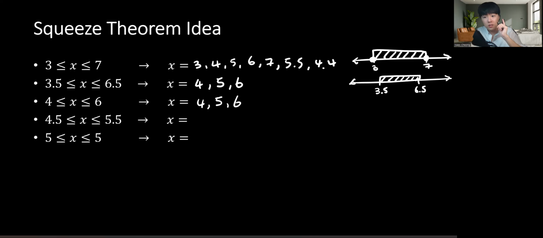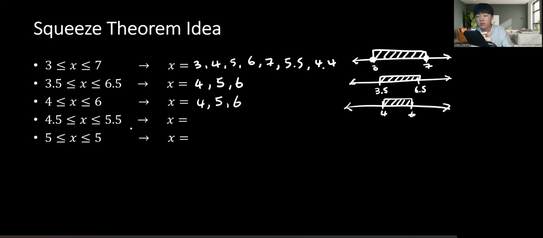However, you can definitely see that the range is squeezed, right? Then the second one, range is squeezed. And if you look at the fourth one, it is more squeezed.